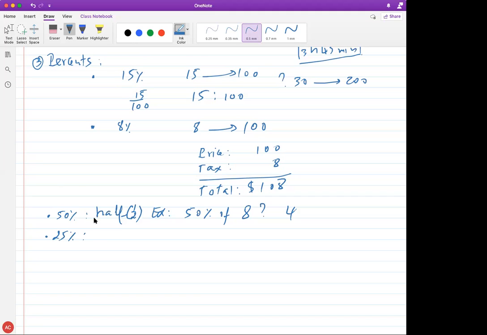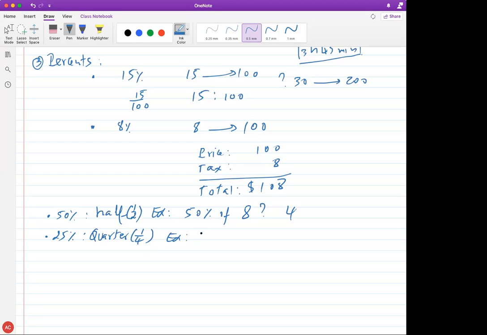It simply means a quarter. What is a quarter as a fraction? 1 out of what? Everybody, what is 1/4 as a fraction? 1/4, that's right. So when you say 25% of something, it just means a quarter of that thing.